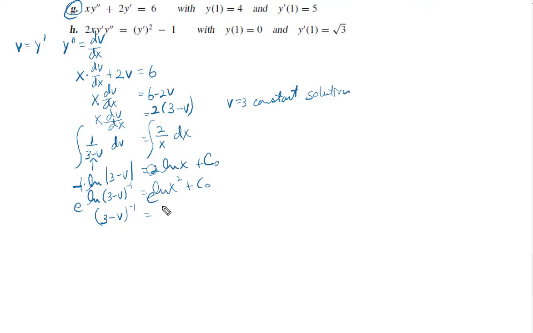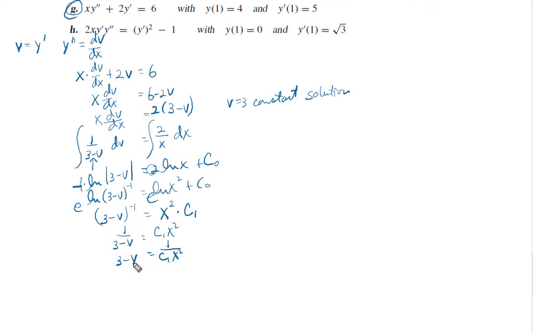E to the ln of x squared would simply be an x squared, and e to the c naught is going to be some constant which we will now rename as c1. Now, this is the same as 1 over 3 minus v. If we flip both sides, we get 3 minus v here, and 1 over c1 x squared.